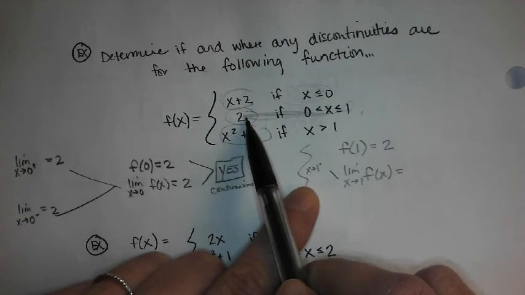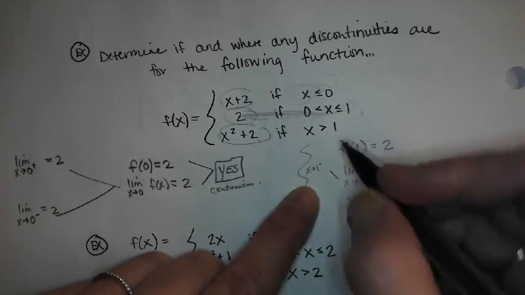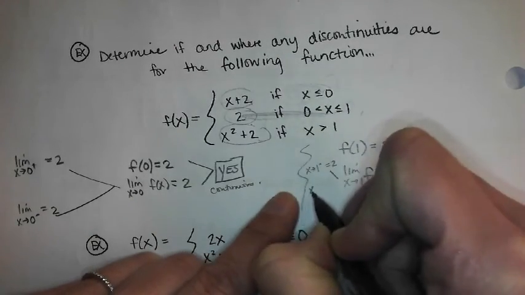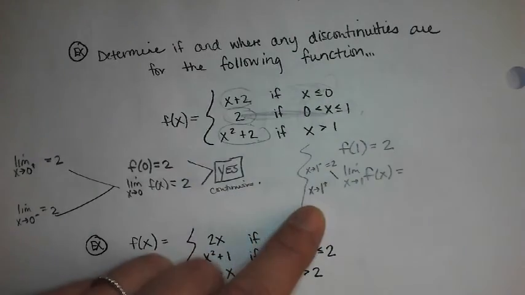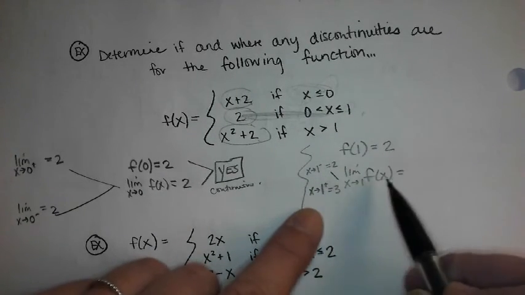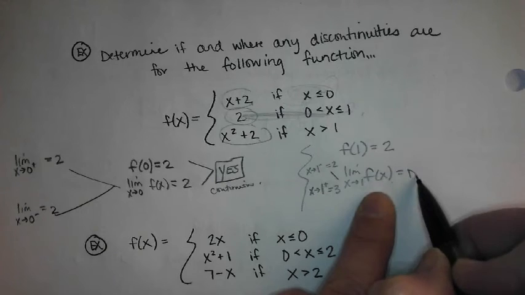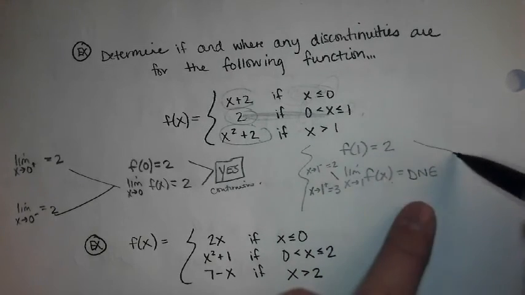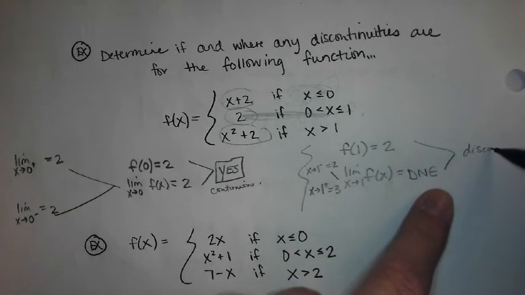So what's that? What's the limit as we approach 1 from the left? 2. What's our limit as we approach 1 from the right? 3. So because those don't match, what's the limit? Does not exist. And now those don't match, so it's discontinuous at 1.